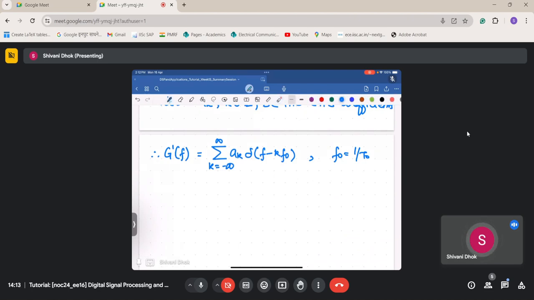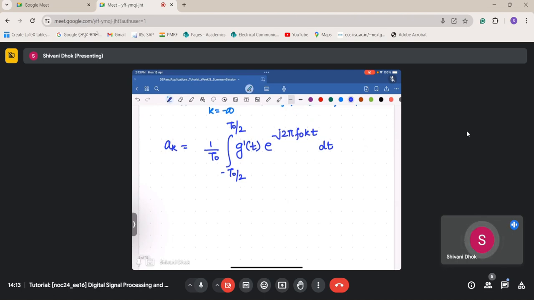So by definition, these a_k's are obtained as 1 upon T naught integrating over a period, so let's say from minus T naught by 2 to T naught by 2, g prime of t e power minus j 2 pi f naught k t dt.